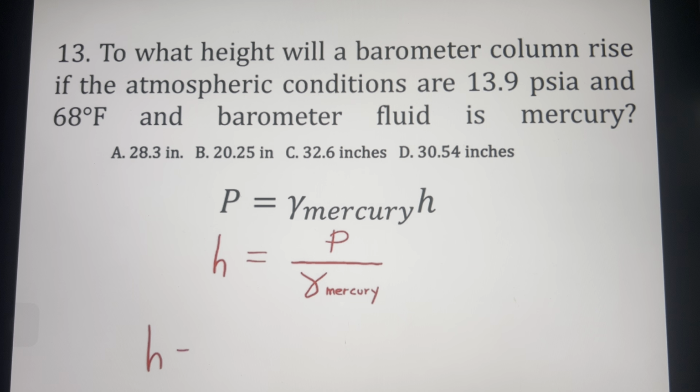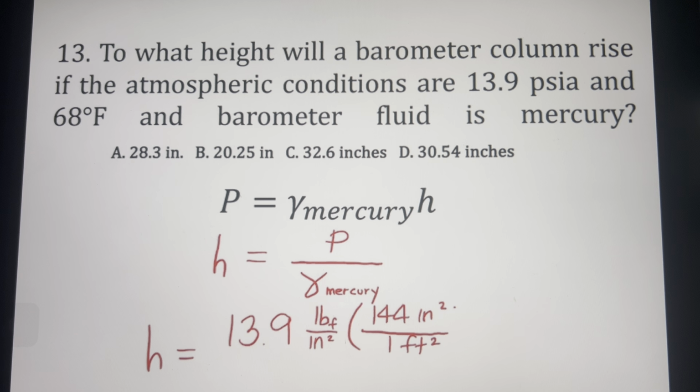So our H will be equivalent to, the pressure is 13.9, that's pounds per square inch. So let's convert that into pounds per square foot, and we can see later why. So we know that 144 square inches is equivalent to 1 square foot. Cancel. Divide by our specific weight of mercury, which is just equal to the specific gravity of mercury times the specific weight of water.